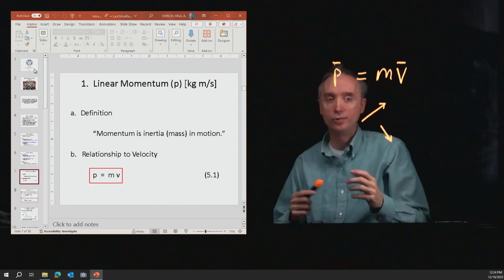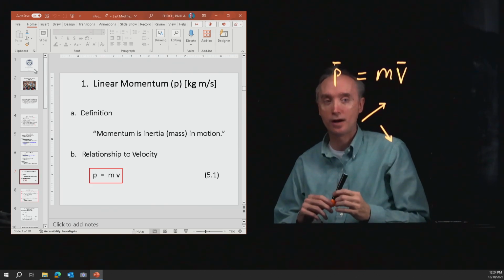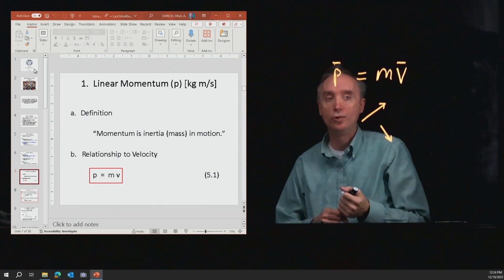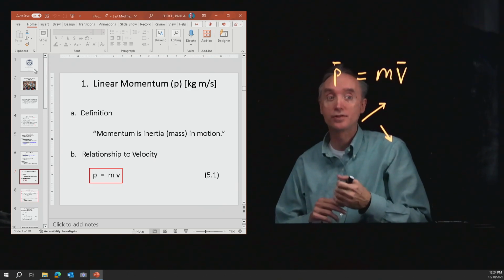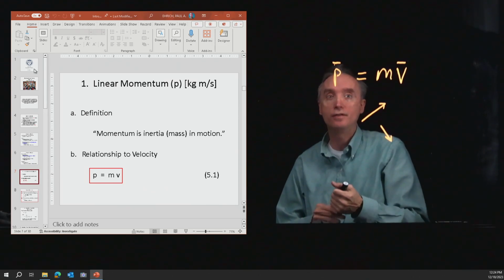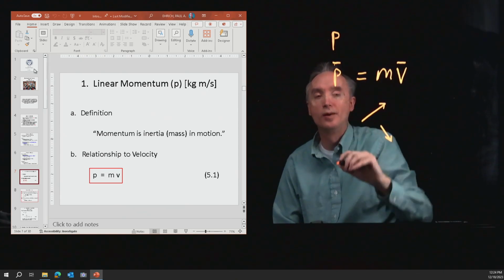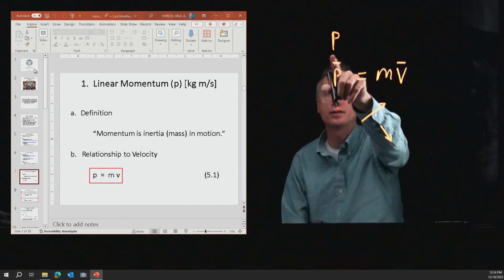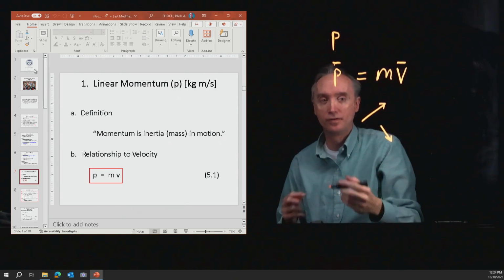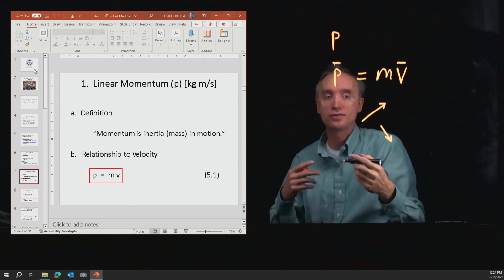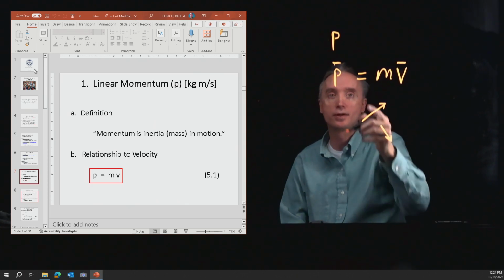So how can we give momentum to an object? One way would be to give it a lot of mass. And so that's the Queen Mary. Now let's assume that we're not going to treat the momentum as a vector, so let's just assume it's just a number. So I'm going to get rid of the bar.